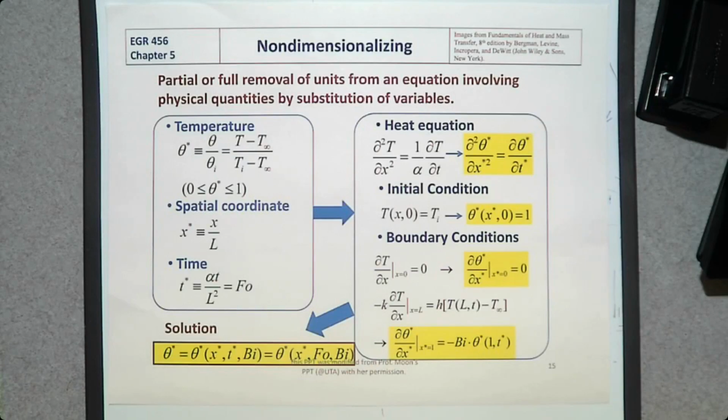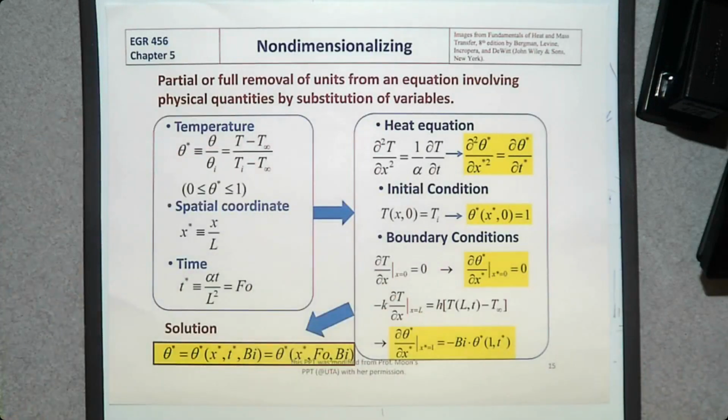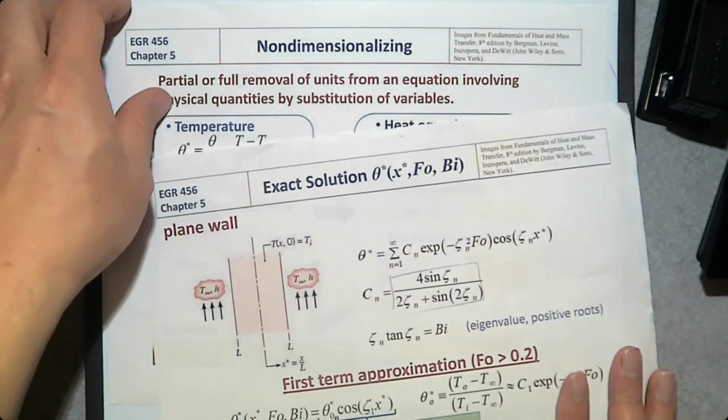And they combined alpha, the thermal diffusivity, time t, and the characteristic length into one that is a Fourier number. So 8 variables reduced down to only 3 variables. And then, using 3 variables, now we can solve it. The process, we are not going to study that because we are not majoring in mathematics.